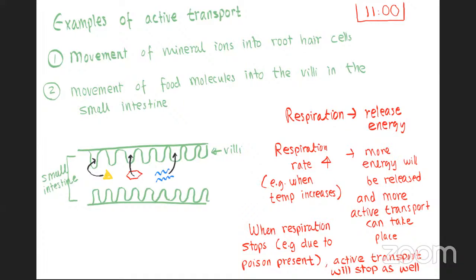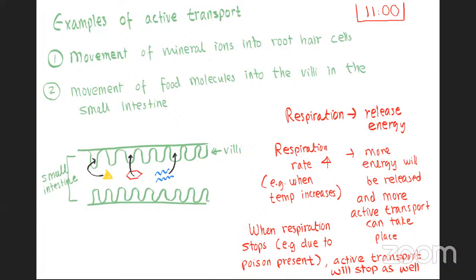So, active transport is a process that requires energy. By energy, the molecules and ions go against the concentration gradient. In diffusion, the molecules move from a region of high to a region of low concentration, down the concentration gradient.